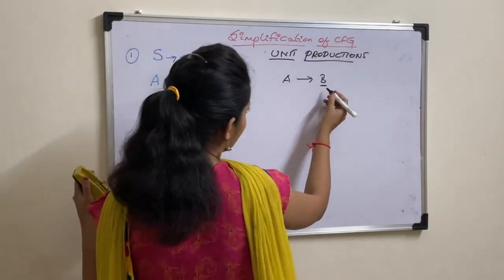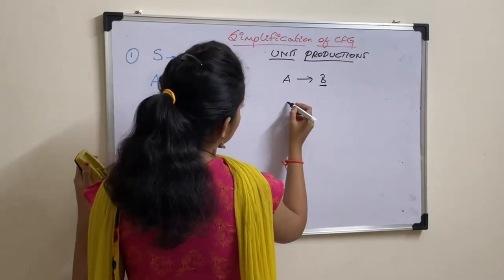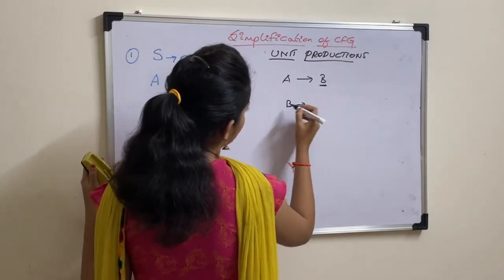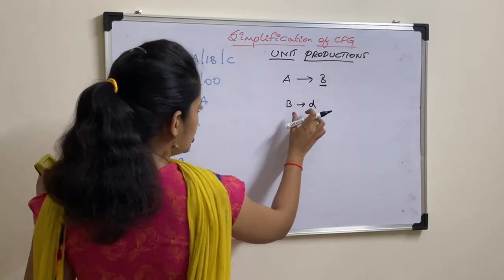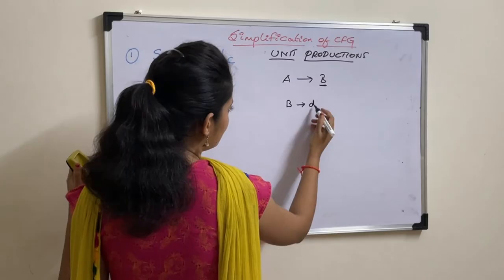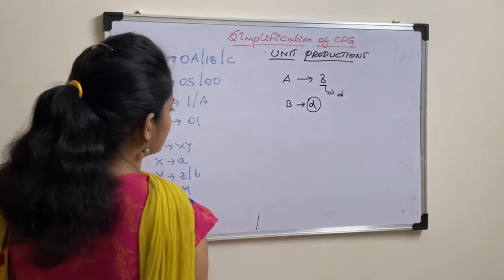While removing, how to remove that? Say suppose we have a production like this, B derives small d. Then you can replace this B with this small d. That's the logic.